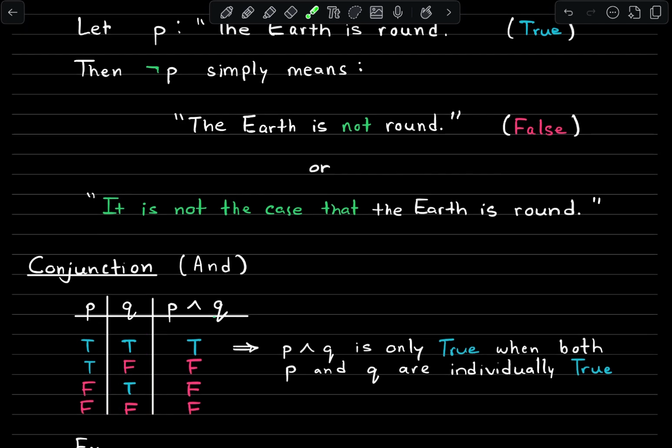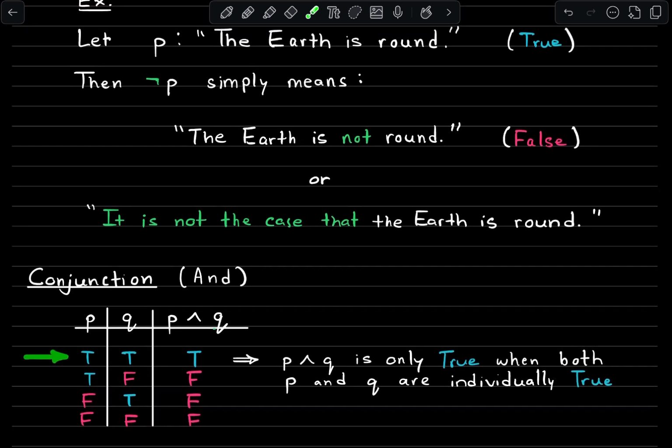So to start off with, the first row is the case where P is true and Q is true. And in this case, the statement P and Q is also true. And in fact, this is the only case where P and Q is true. It requires both elements, both propositions, to be individually true.